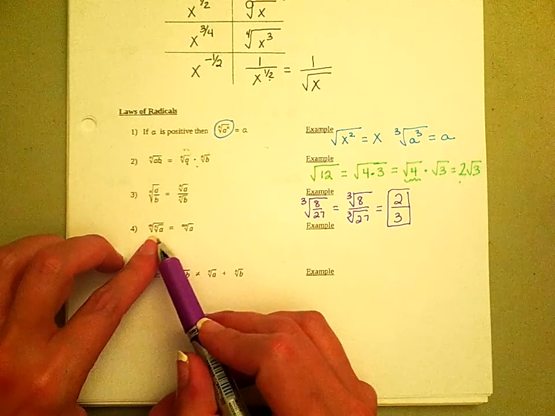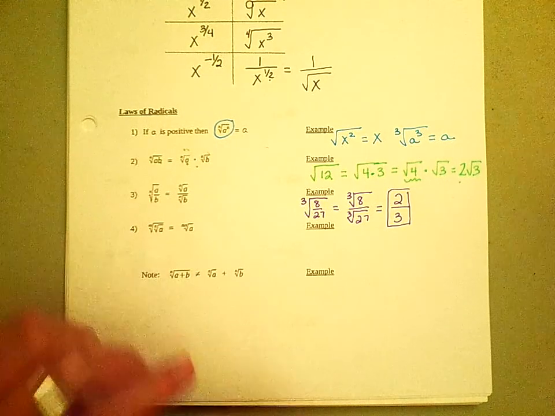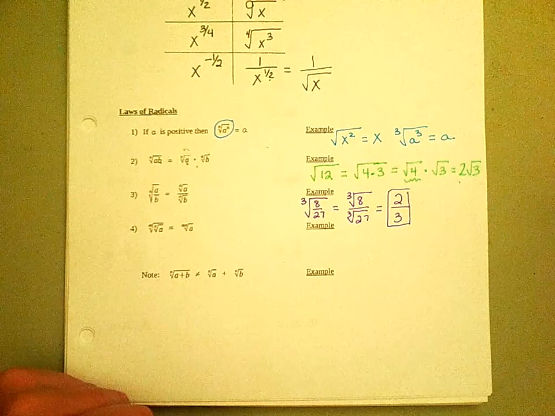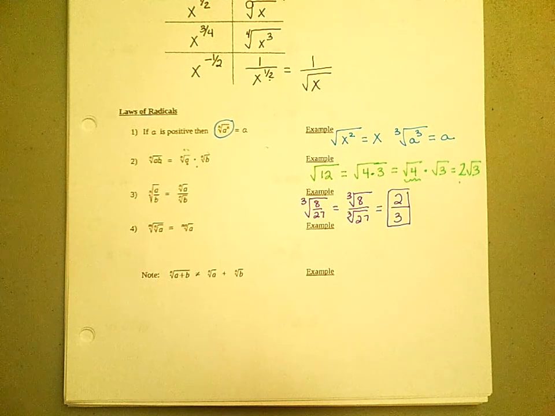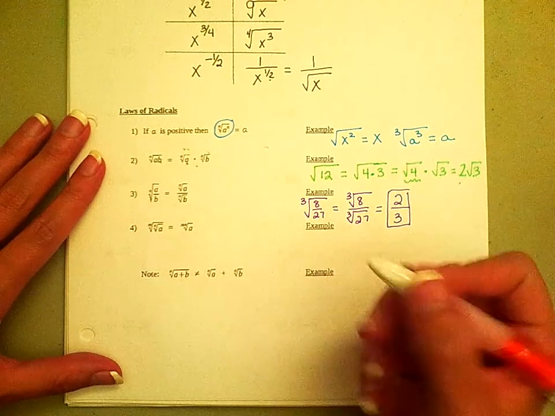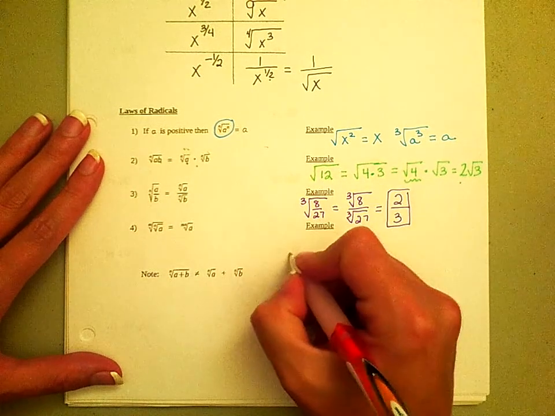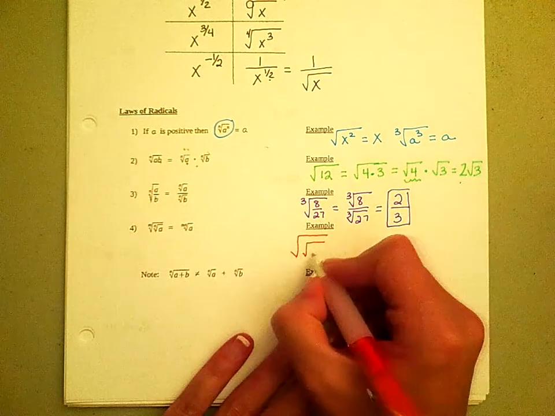This 4th example is dealing with radicals within radicals. So let's give an example of that. Sometimes we might want to take double square roots. And we do this without thinking.